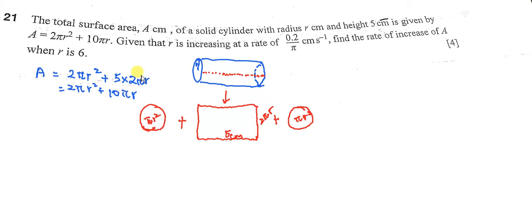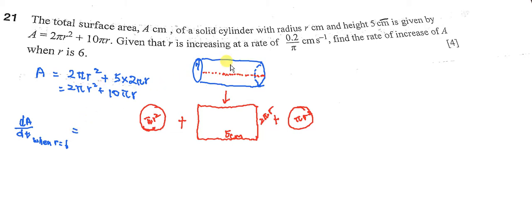Okay. Now let's proceed from here. We want to find the rate of increase of A. So we want to find dA/dt. The rate we always refer to the variable. Time is the variable. When r is equal to 6, we want to find this value. Okay.